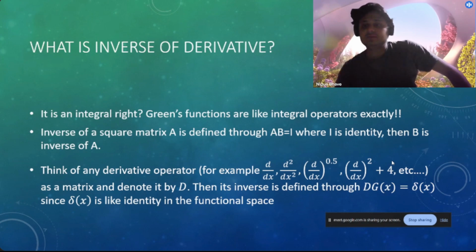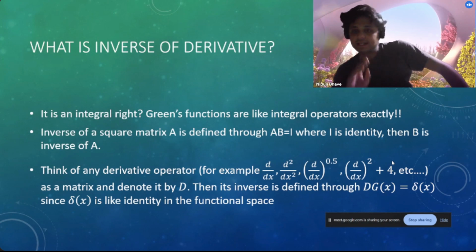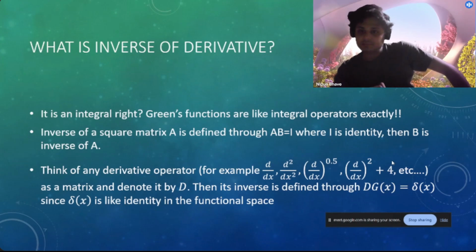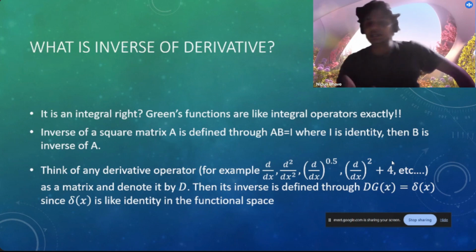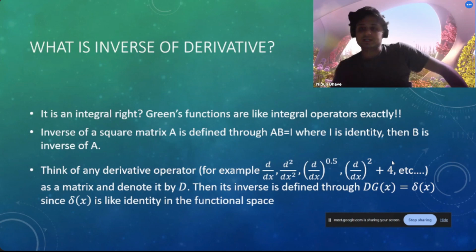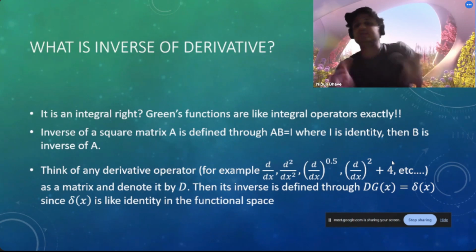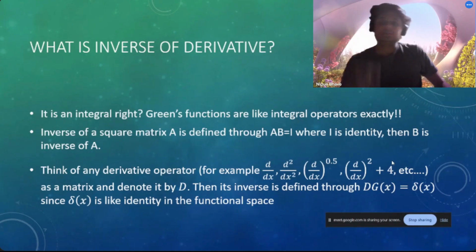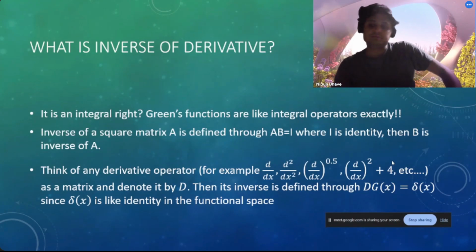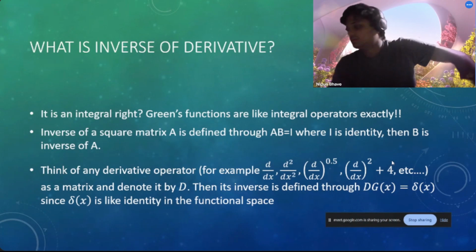So this is an infinite dimensional vector space, and 1, x square, x cube, x raised to n, these are basis vectors. You can multiply them by real coefficients or complex coefficients and form a polynomial. So any polynomial, which is like a vector in this space, can be written as a linear combination of 1, x square, etc. That's why this functional space is just like a vector space. Like in 3D you have i, j and k. These are the three basis vectors. In functional space you have infinite of them. Okay, clear?